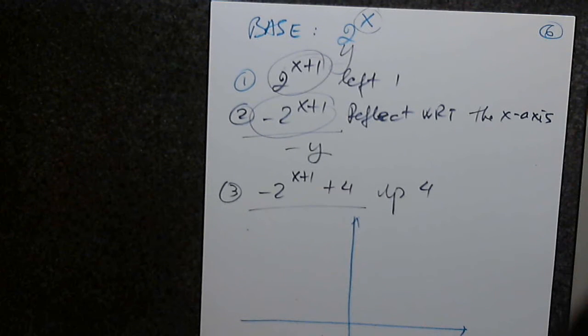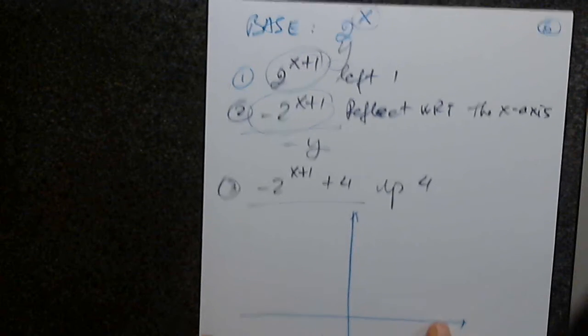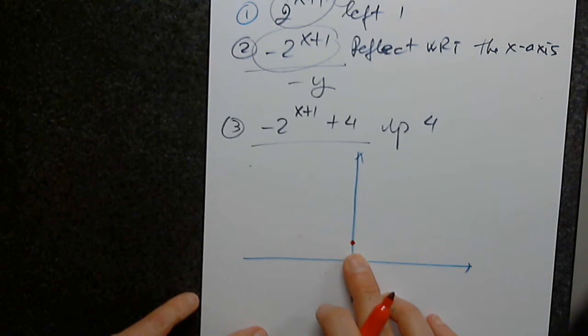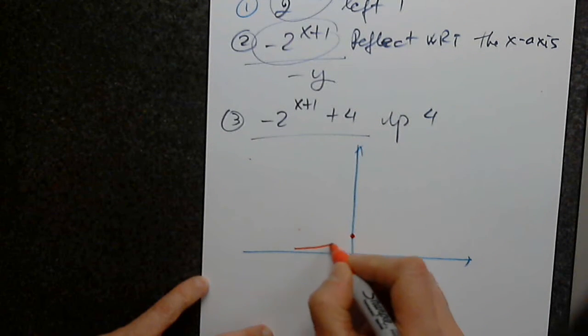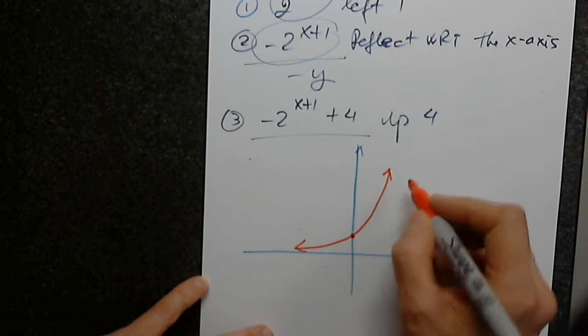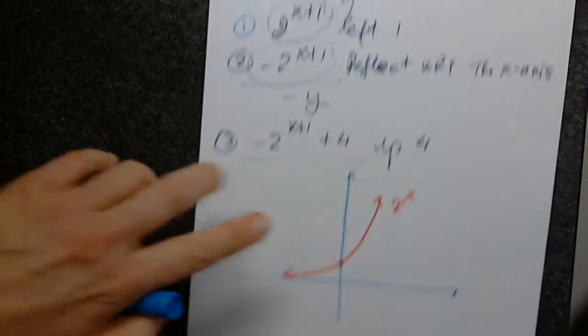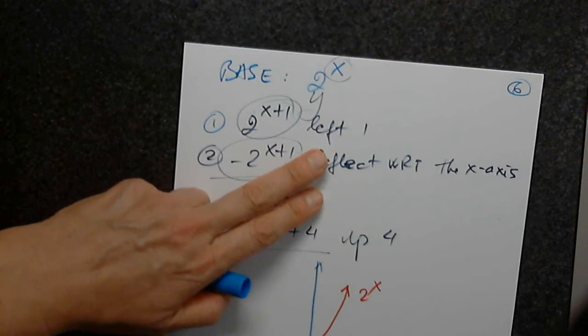Say it again. Yes, because the base is greater than 1. Very good. It crosses where? At 0, 1. Always. The pure exponential function 2 to the x will always cross at 0, 1. Very good. Then you told me to move this left 1.